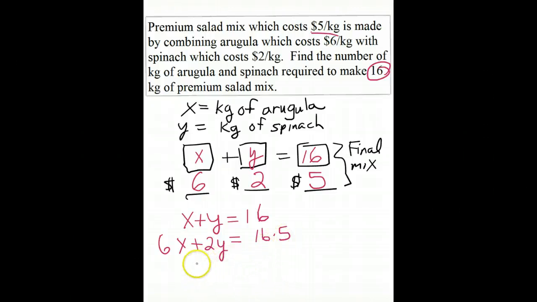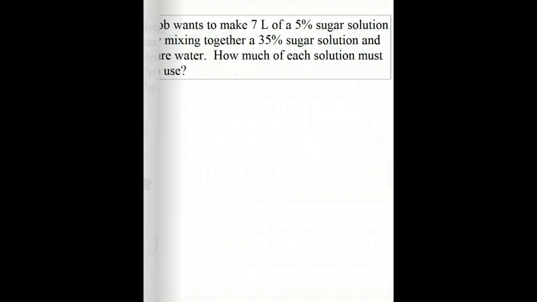So my two equations will be x plus y equals 16 and 6x plus 2y equals, what is that, 80. Then you would just solve these two equations. See another video for how to solve systems. In this particular case, I would most likely use substitution, but who knows. You can use whatever you like at this point. All right, so we're going to go on to the next equation.